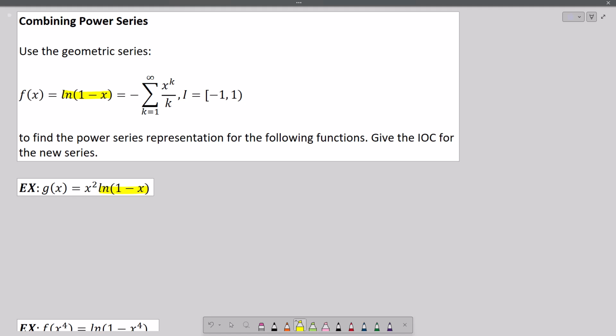So the power series for this function g, we're going to take the power series for the function natural log of 1 minus x and multiply by x squared. So we just come inside. If we multiply by x squared, we get that. Does the interval of convergence change when you multiply by a power of x? No. So that's it. Nothing too crazy.